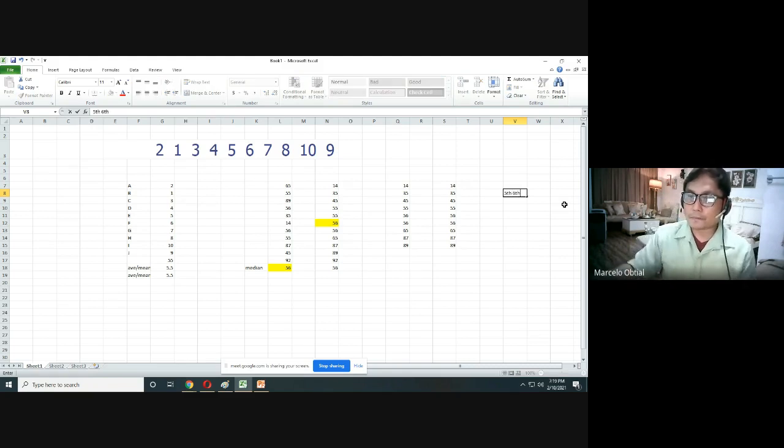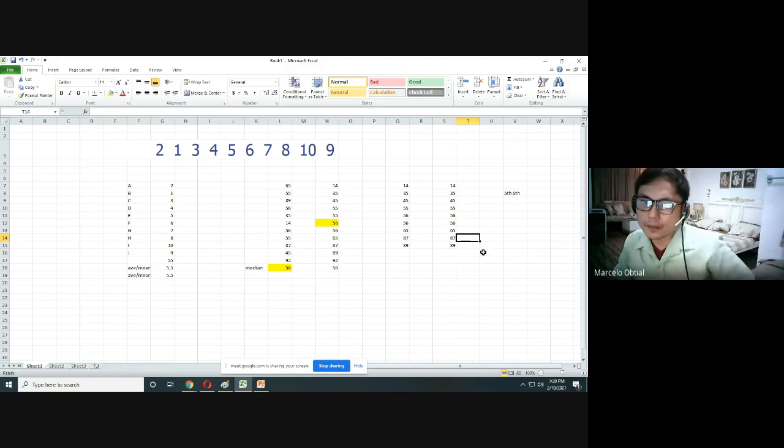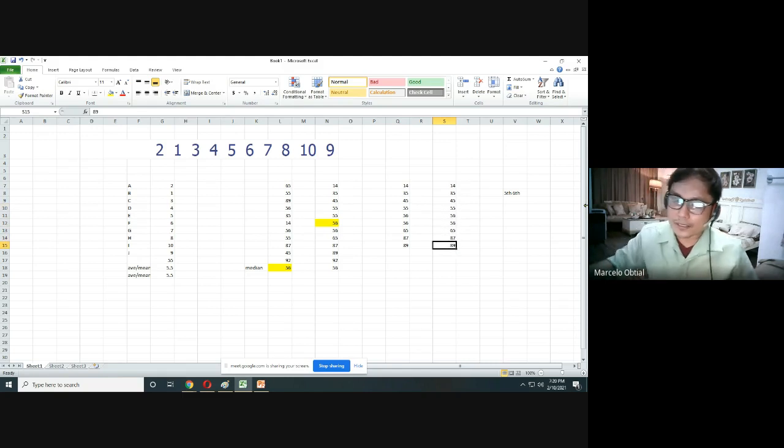Using the formula, 56 at saka 55. Tama ba? Tama ba yung ating 1, 2, 3, 4, 5, 6, 7, 8, 9? Kulang isa. 13, 35, 45, 55. Dalawang 55.